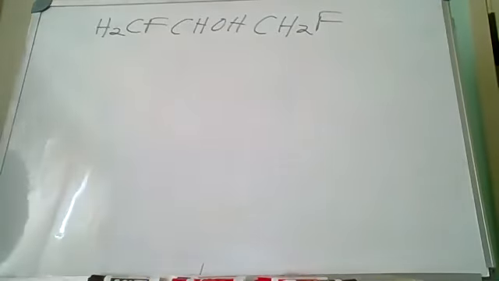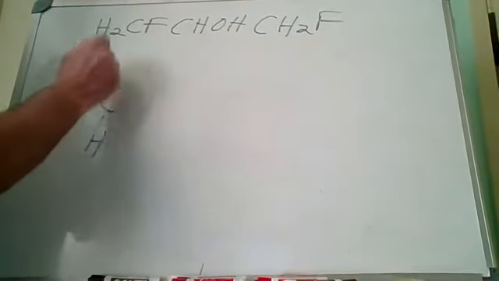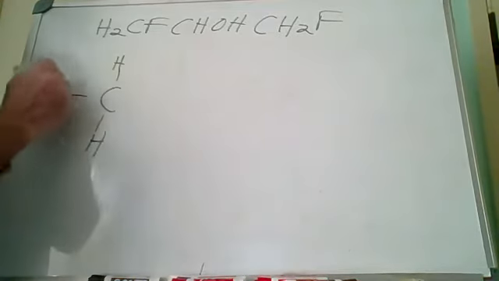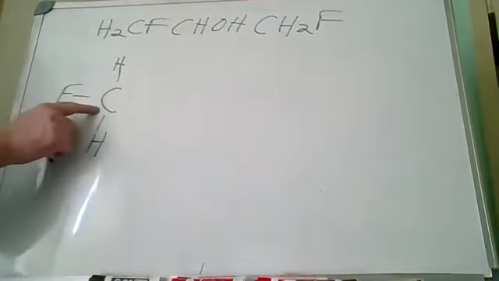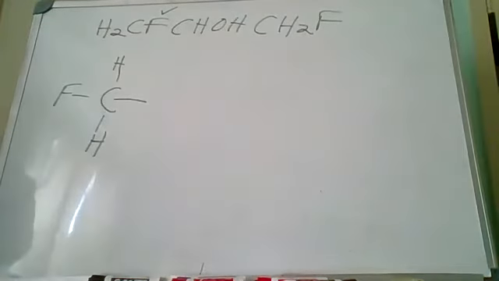Let's start drawing. CH2, I know what that looks like, and then bonded to fluorine. So I need a third bond to the carbon, and then an open-ended bond takes me onto the next group in the growing chain.